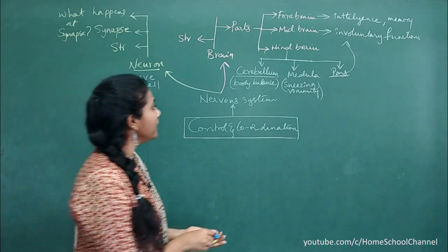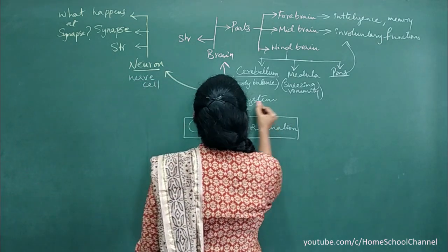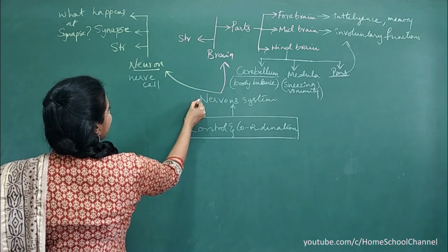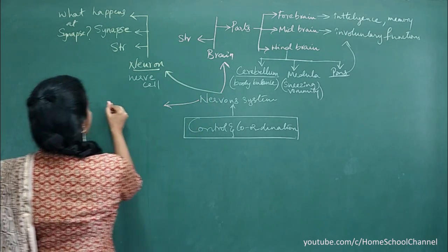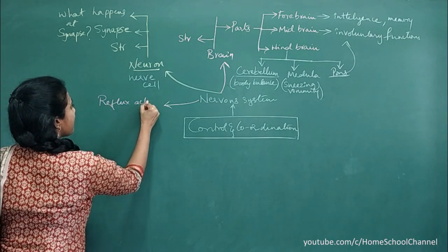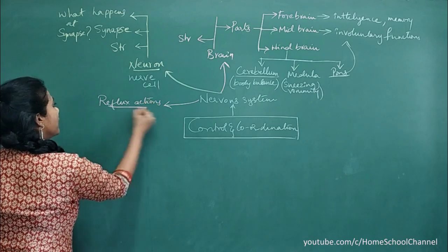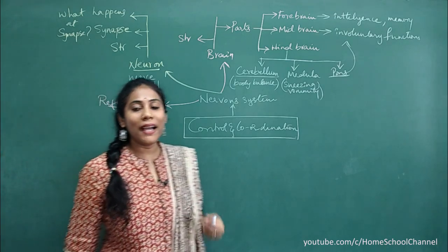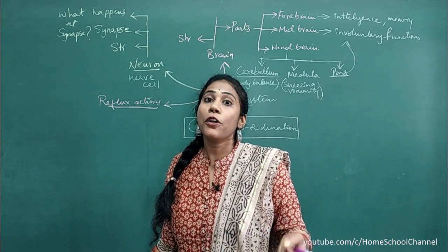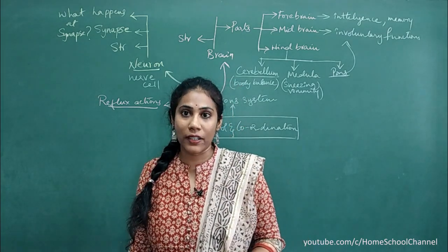And now coming to the third part of a nervous system, that is reflex actions. So this is one more important topic. What do you mean by a reflex action? These are the sudden actions coordinated by spinal cord, right?